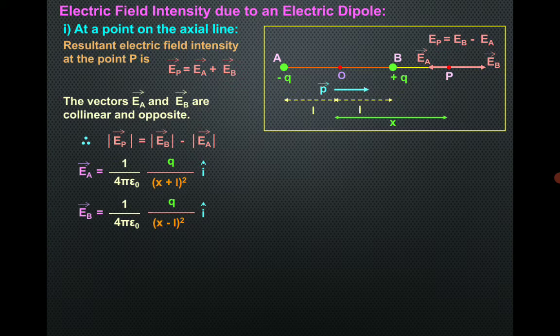Here the negative sign will be there in the expression of vector EA, because EA is acting opposite to the direction of the positive x-axis and EB is along the positive x-axis direction.